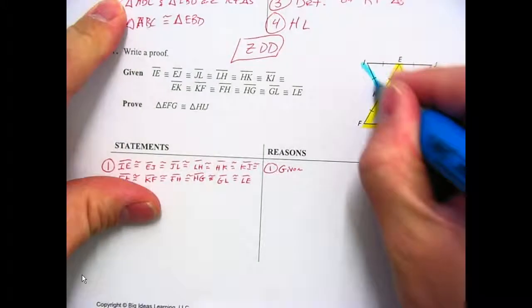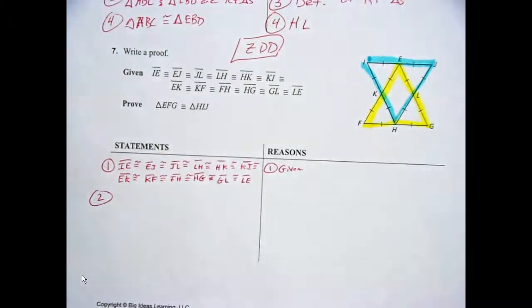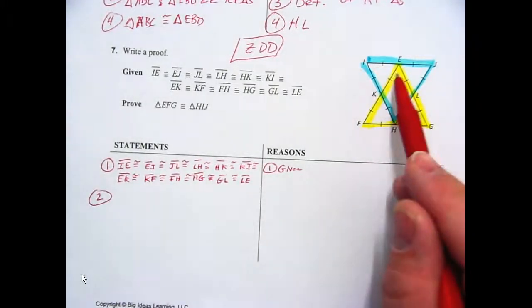Okay? Are they congruent? Yeah, I mean, you can kind of go, well, duh, yeah, like that's equal to that and that's equal to that, so they have to be. Now, how do we state that?